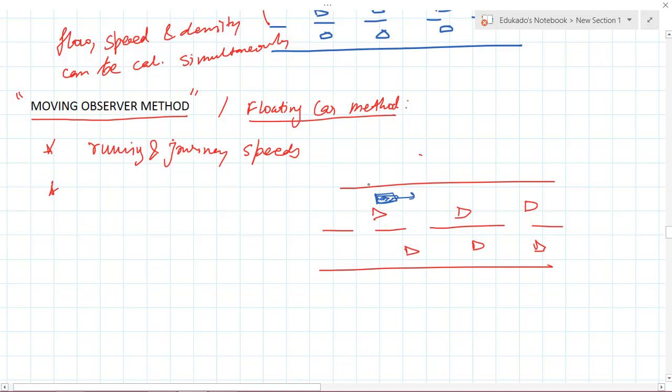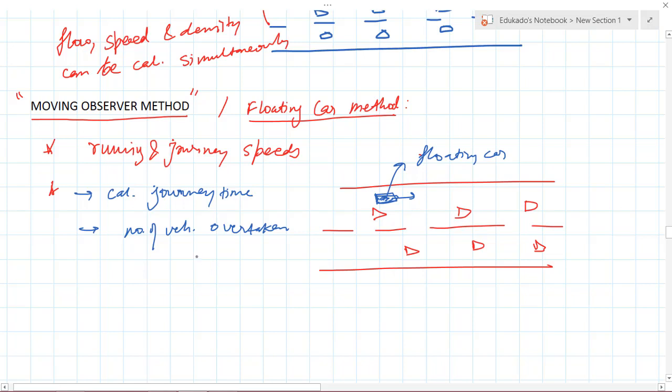So it can be obtained by traveling in a car against and with the flow and noting down the journey time. Later on you can convert it into speeds, and you can even calculate the number of vehicles that you have overtaken, or the number of vehicles that overtake you.